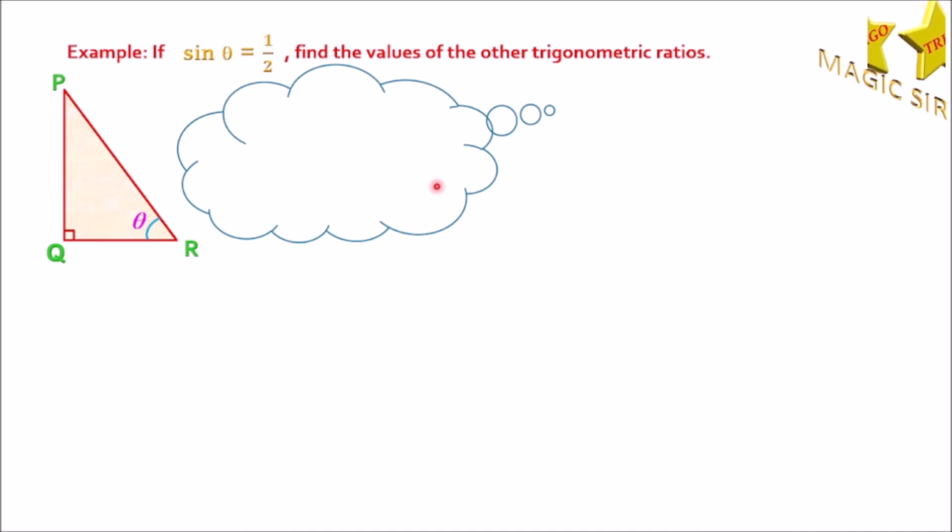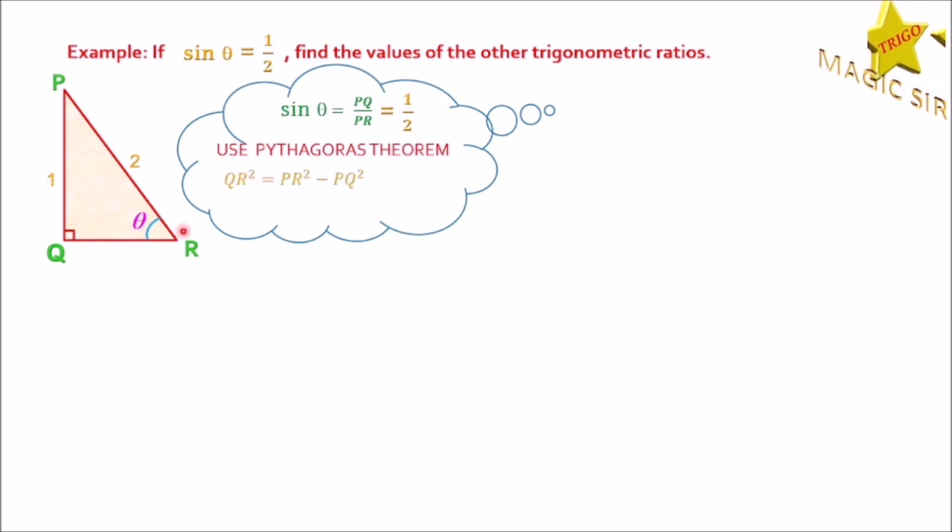We can say that it is our brain. Now the calculation starts in our brain. Sin theta is equal to PQ upon PR. But sin theta equal to 1 upon 2 is given. So we put PQ is equal to 1 and PR is equal to 2.